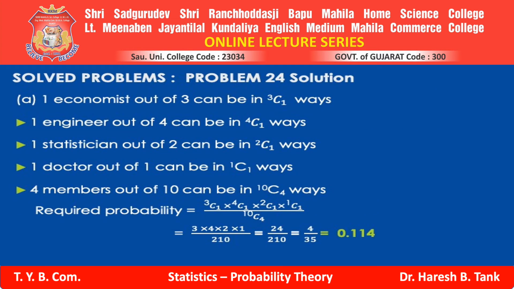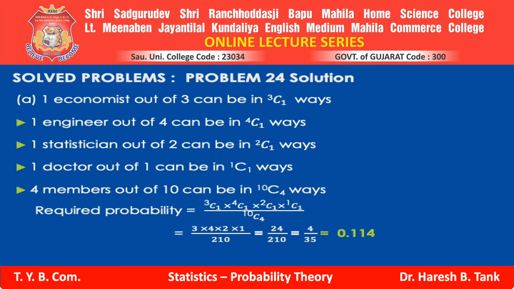One economist out of 3 can be found in 3C1 ways. One engineer out of 4 can be found as 4C1 ways. One statistician out of 2 can be found in 2C1 ways. And one doctor out of 1 can be found in 1C1 ways. So 4 members out of 10 can be found in 10C4 ways.